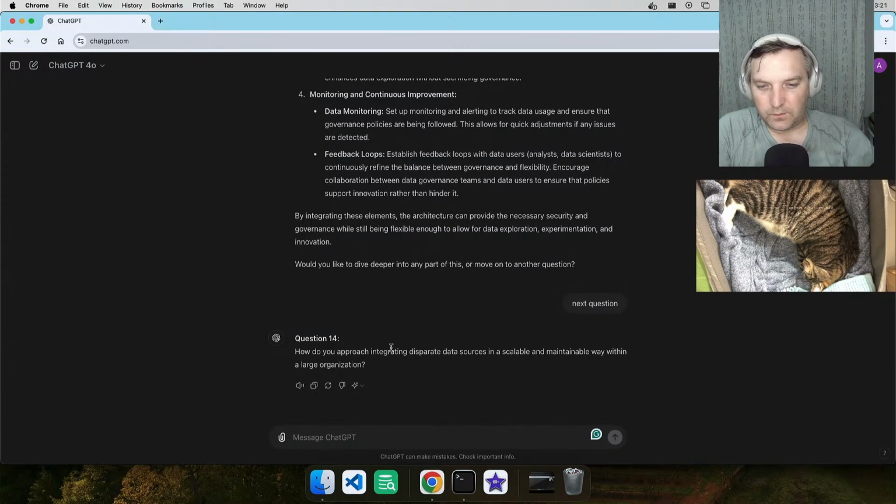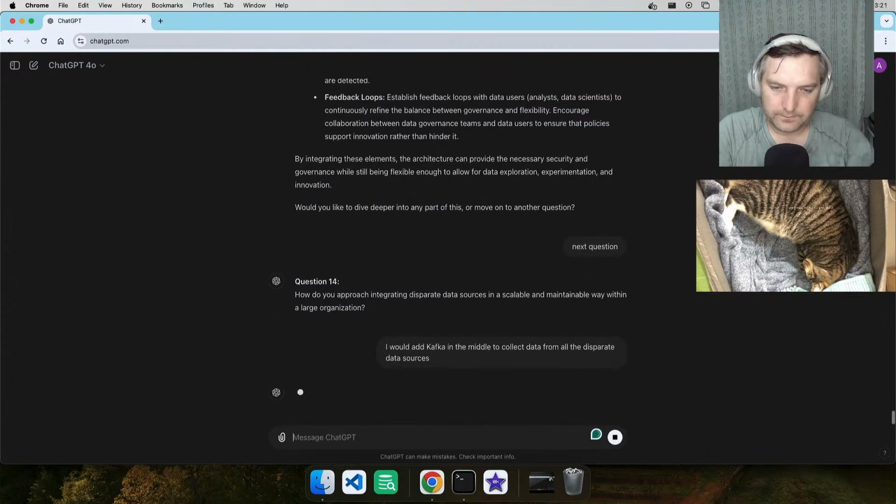I don't know if this is what it's asking, but what I would do is add Kafka in the middle to collect data from all the disparate data sources. I don't know what the word disparate means. Is that correct?